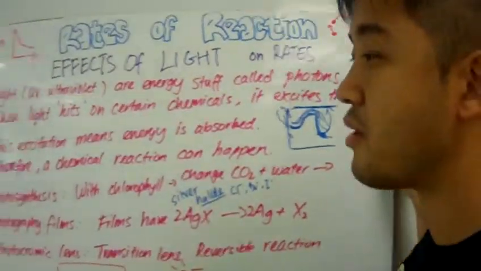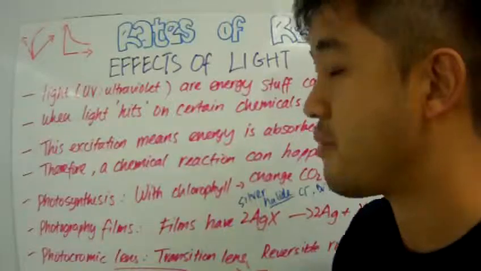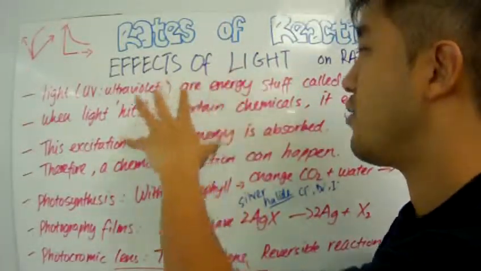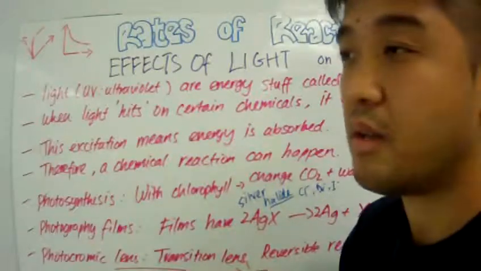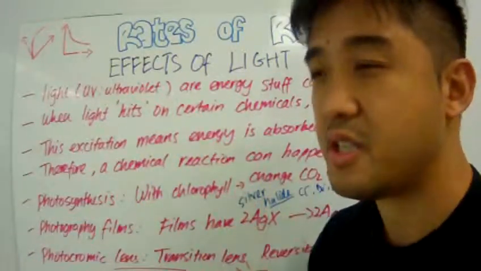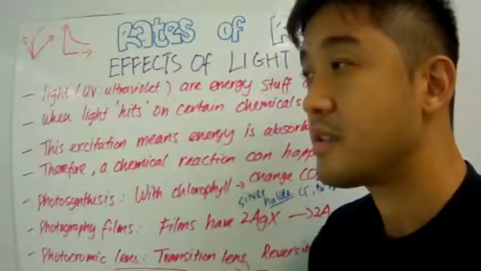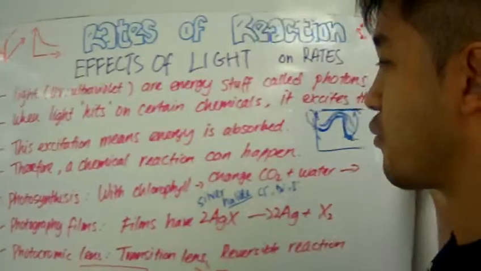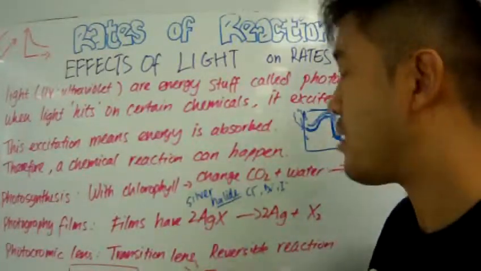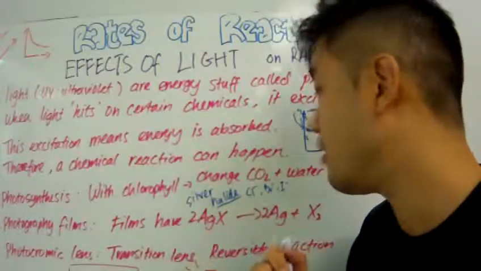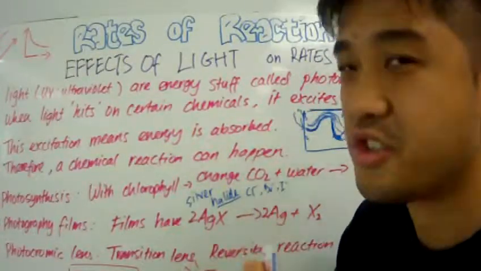Now I'm going to talk about two examples, plus another one of my own, of photochemical reactions. The first example is pretty easy: photosynthesis. Chlorophyll in plants, with light, allows the plants to convert CO2 and water to oxygen and glucose.